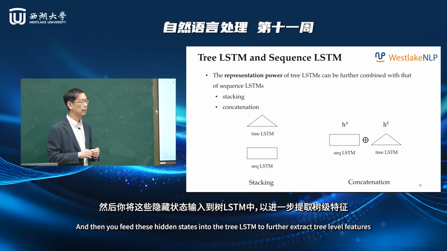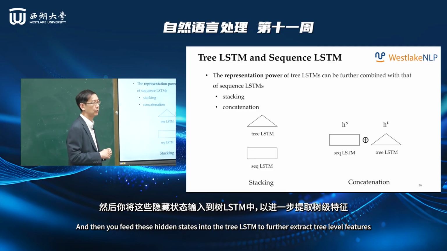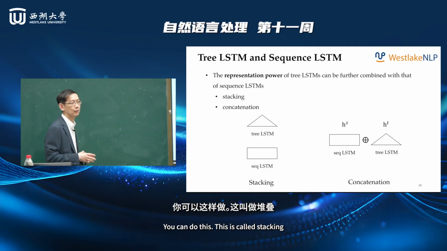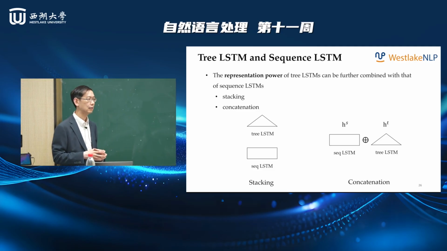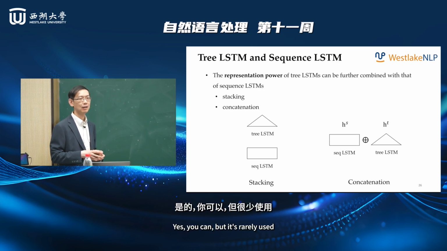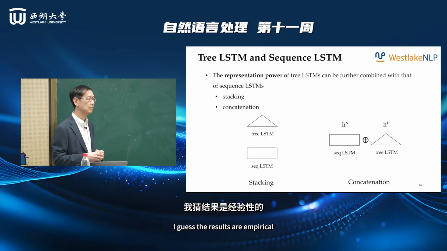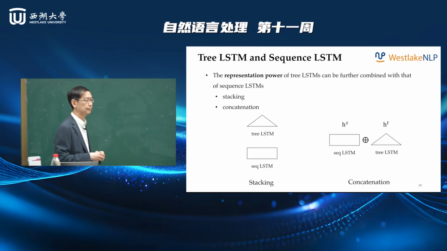Then you feed this hidden state into the tree LSTM to further extract tree level features. This is called stacking. Can I stack a tree on top of a sequence? Yes, you can, but it's rarely used. I guess the results are empirical.